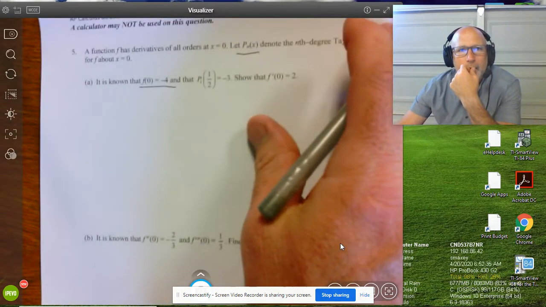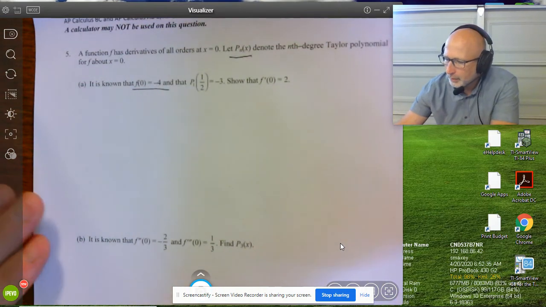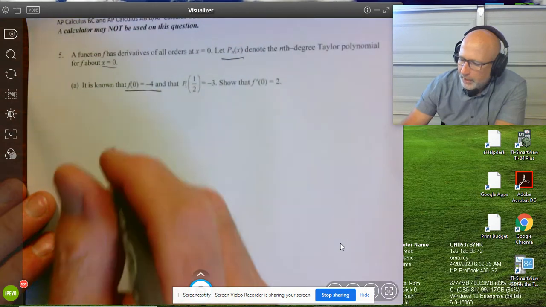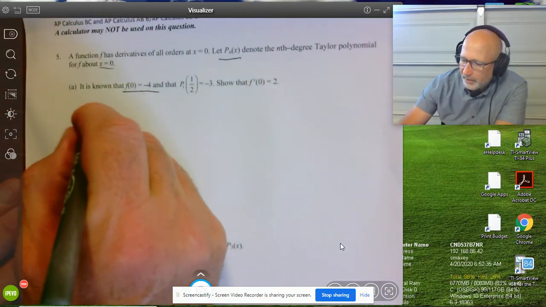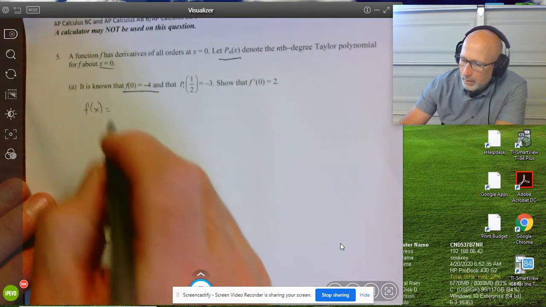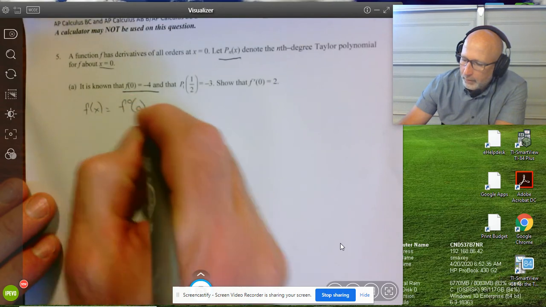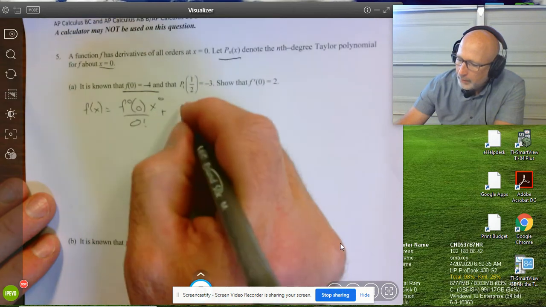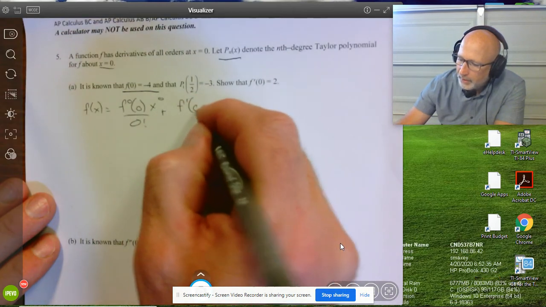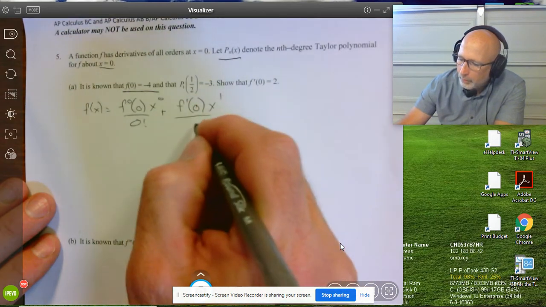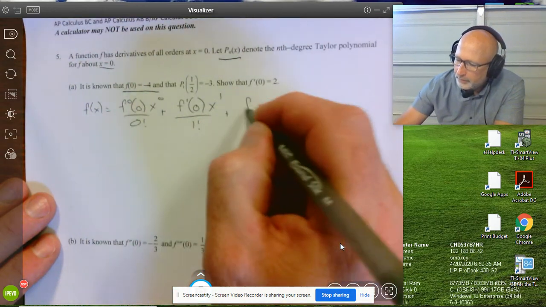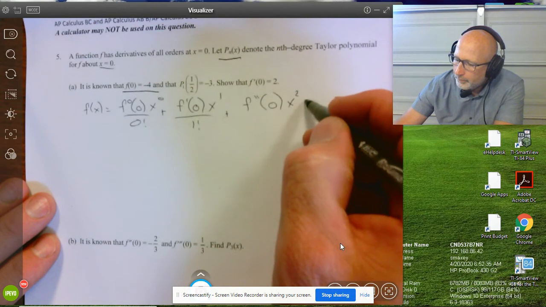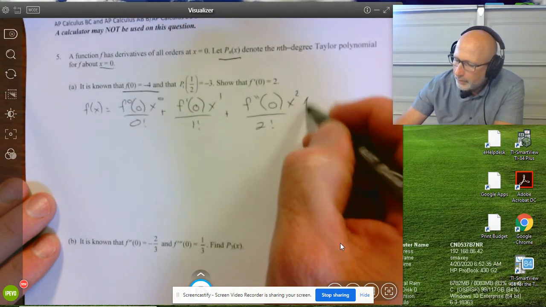So it's a Taylor polynomial about x equals 0, so that's really Maclaurin, right? So how do you do Maclaurin? You have f of x is equal to the 0th derivative evaluated at 0, x to the power of 0 over 0 factorial, plus the first derivative evaluated at 0, x to the first power all over 1 factorial, plus the second derivative evaluated at 0, x squared all over 2 factorial, and then so on.